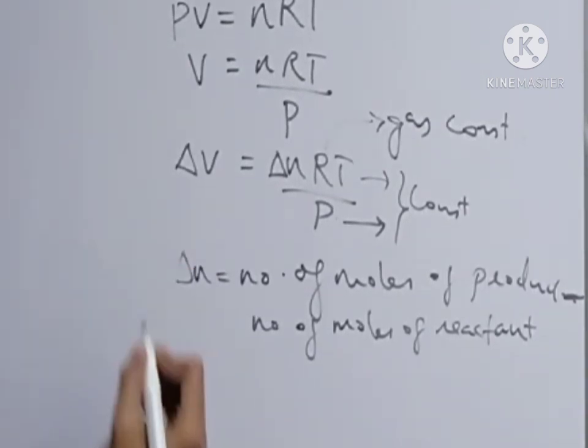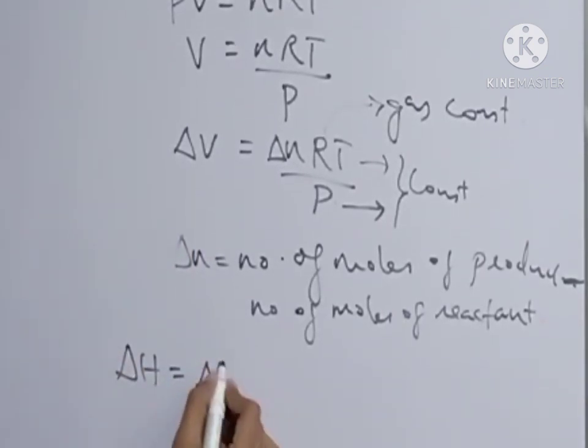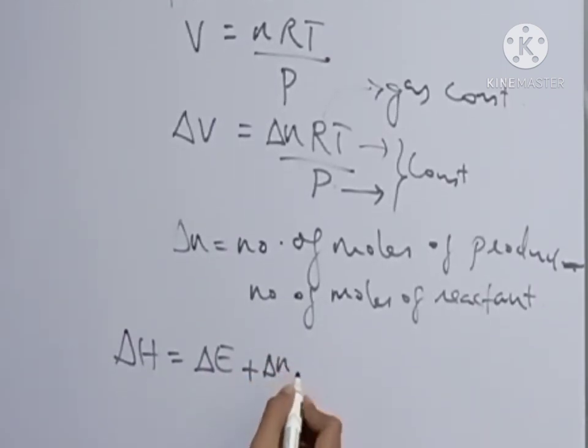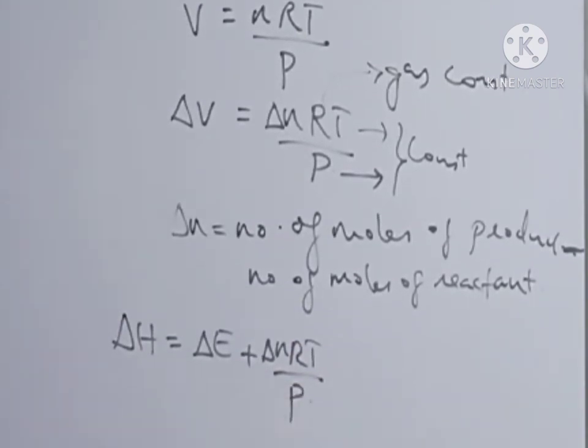So for a gas, delta H equal to delta E plus delta n RT divided by P.